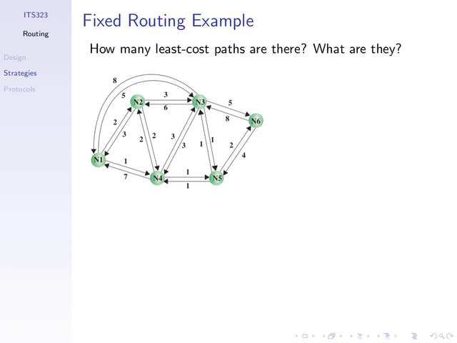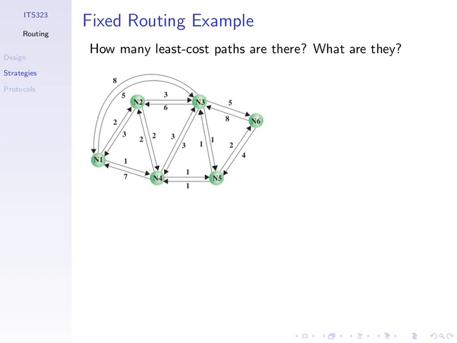N1 to N2, least cost path. The path is N1, N2. The cost is 2.